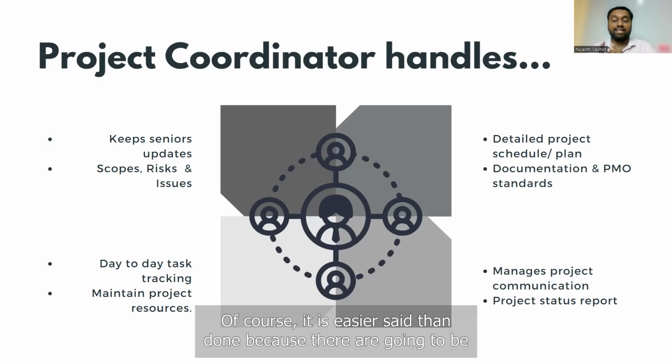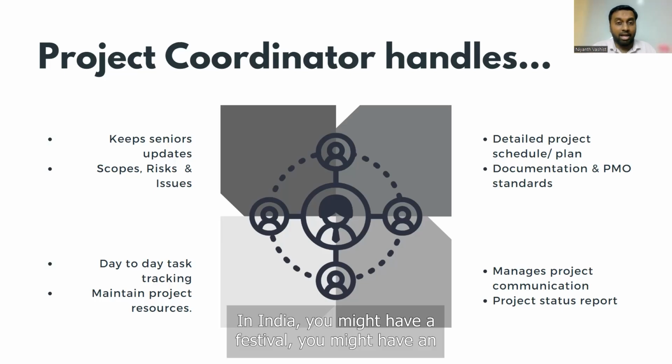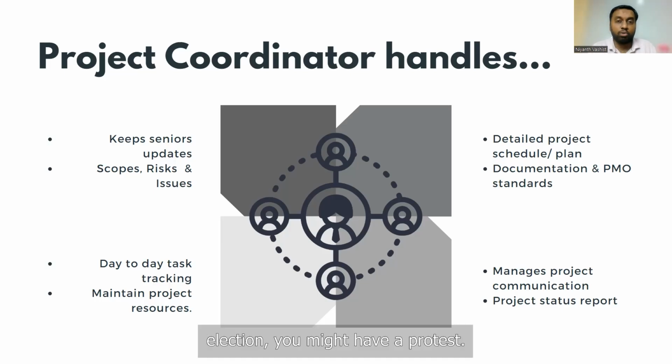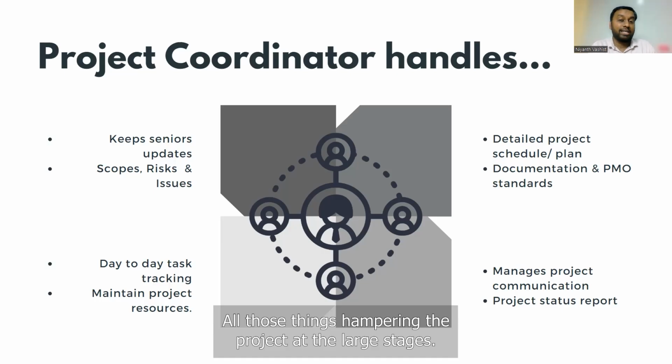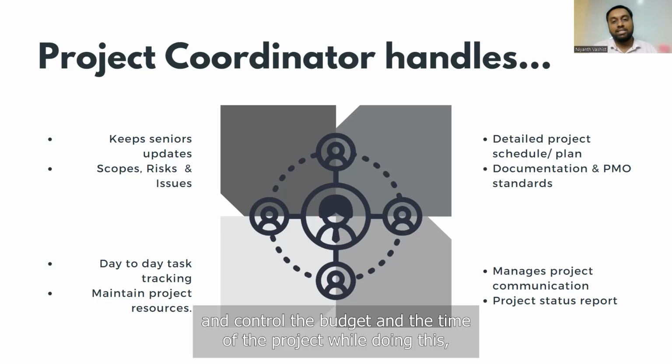Of course, it is easier said than done because there are going to be a lot of challenges, a lot of change orders, a lot of risk, external factors. In India, you might have a festival, you might have an election, you might have a protest, all those things hampering the project at the large stages. In that case, tracking becomes very important to make sure they monitor and control the budget and the time of the project.